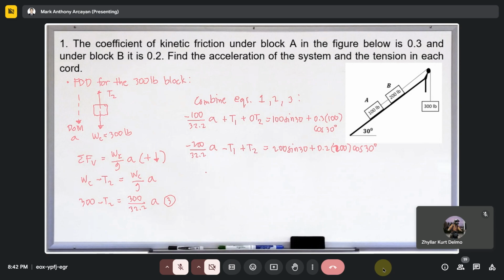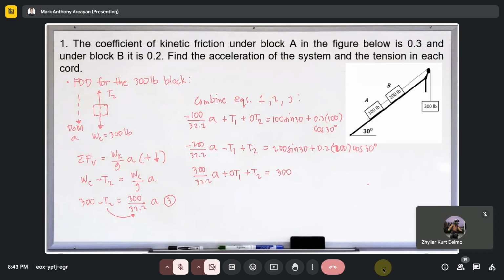And finally, for our third equation, we will just transpose T2 to the right side and flip the equation. This will become 300 over 32.2 A. Here, class, we don't have T1, so we can just add 0 T1. Then since we combine T2 with the acceleration, it becomes plus T2. Then what's left is the constant 300.